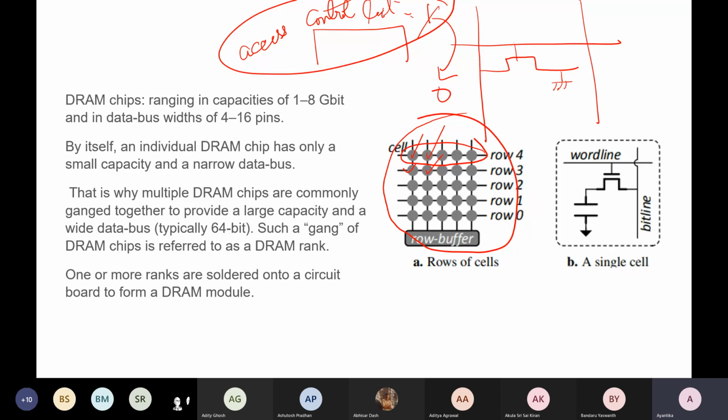Once we are disjoining, this word line is again toggling its state. Initially, for write or read purposes, we set it high. Now we are disjoining it, so we are again changing its state. So there is a possibility of toggle. Maybe this is your row 4 and this is your row 2. Okay, there is a toggle.